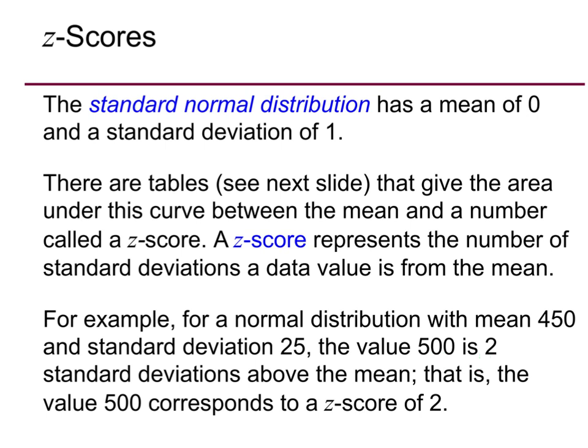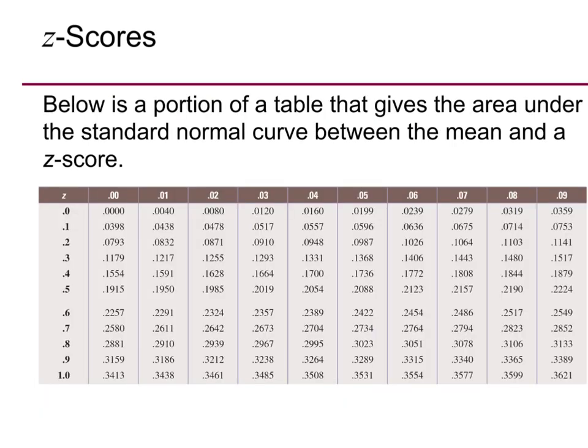The reason is that if I take 450 plus 25 and plus 25 again, because 25 is the standard deviation, I get 500. So my score of 500 is 2 standard deviations above the mean, and therefore it corresponds to a Z-score of 2.